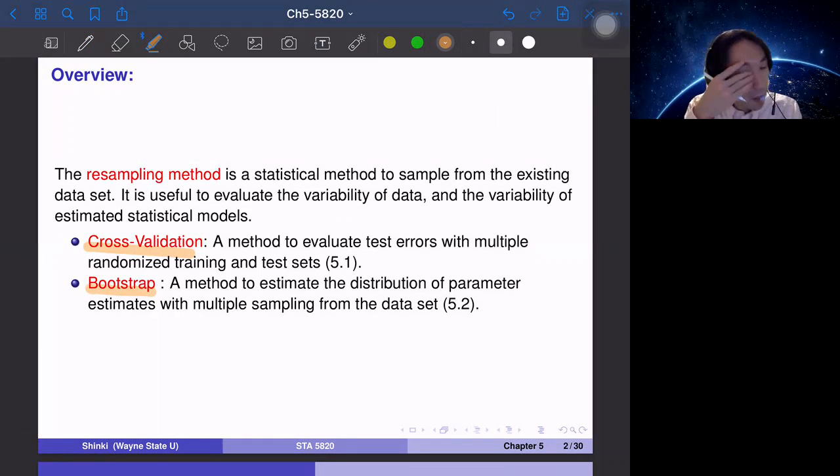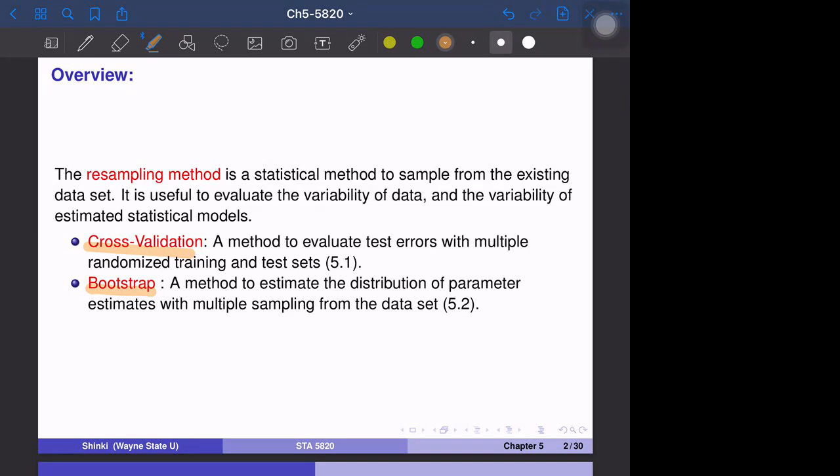How many of you have heard of cross-validation or have used cross-validation before? We covered it in 50-30, or not, I'm not exactly sure. We did cross-validation in 50-30 for sure, using training and test sets.